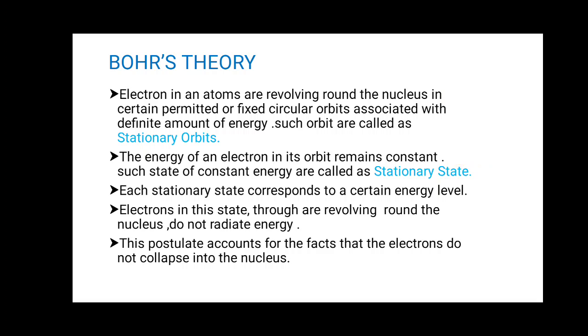Next, each stationary state corresponds to a certain energy level. Electrons in this state, though revolving around the nucleus, do not radiate energy. In the atomic structure the nucleus is fixed.